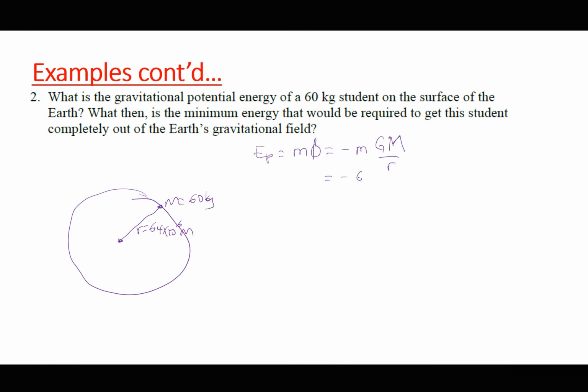This will be negative 60 times 6.67 times 10 power negative 11 times the mass of the Earth, which is 6.0 times 10 power 24. That constant should always be given. Now your distance from the center of the Earth is going to be 6.4 times 10 power 6. I'll press my calculator. You can also press yours as a way of verifying, because I can always make mistakes, after all, I'm human.